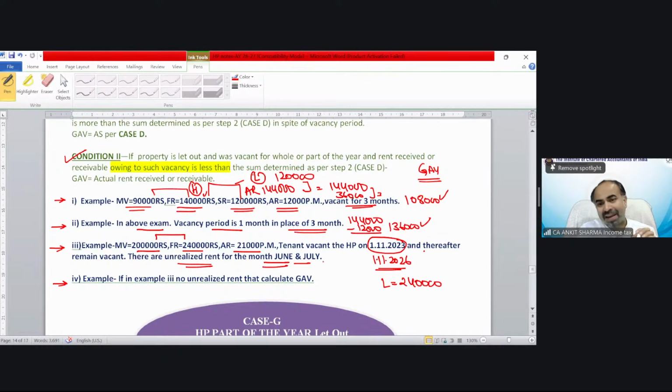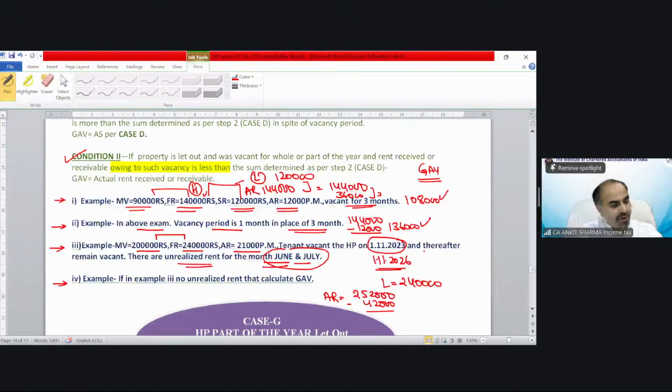Now the tenant vacates the property and the unrealized rent concept is also there. So we need to take the annual rent based on the actual rent value, which was 21,000 into 12, that would be 2,52,000. Out of this 252, we need to reduce 2 months of unrealized rent, that would be 42,000.